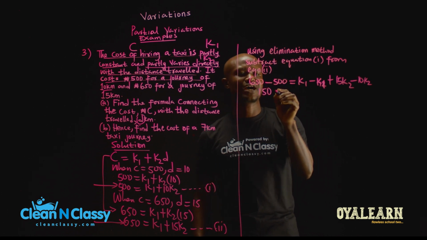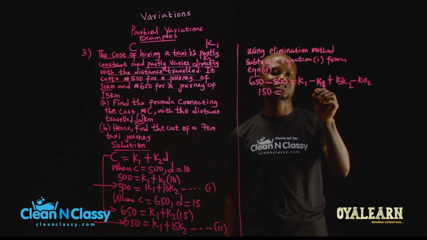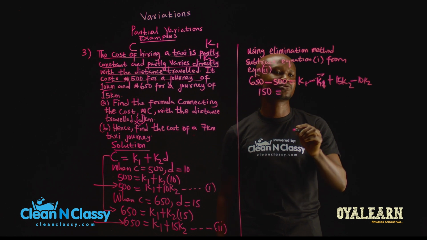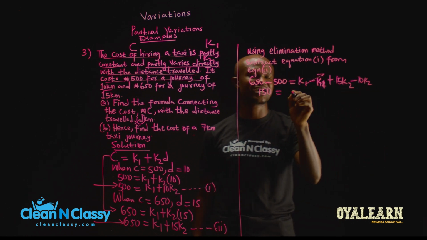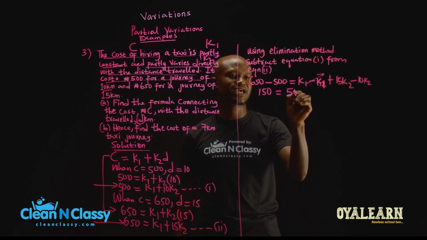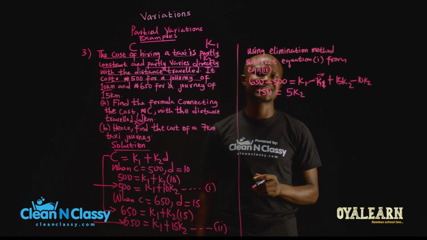So we now have this equal to K1 minus K1, which goes to 0. So 15K2 minus 10K2 is 5K2.